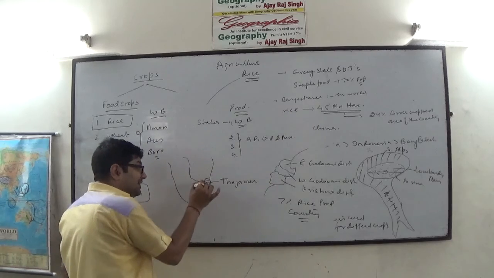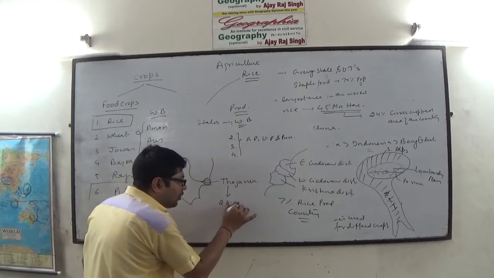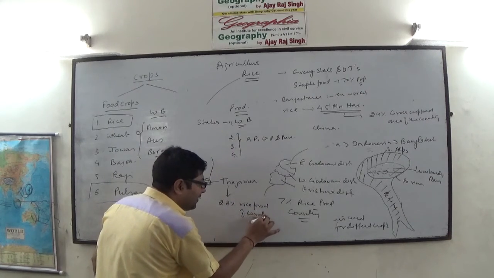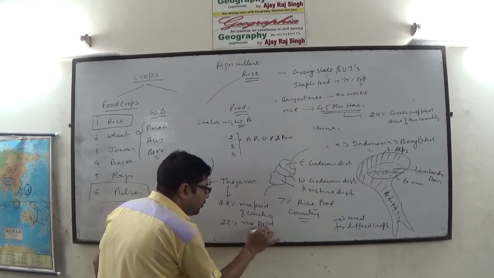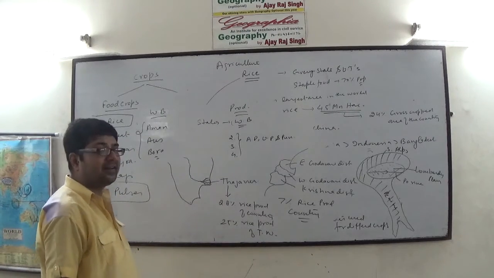This district alone accounts for 2.8% of the rice production of the entire country and 25% of rice production of Tamil Nadu. Single district.